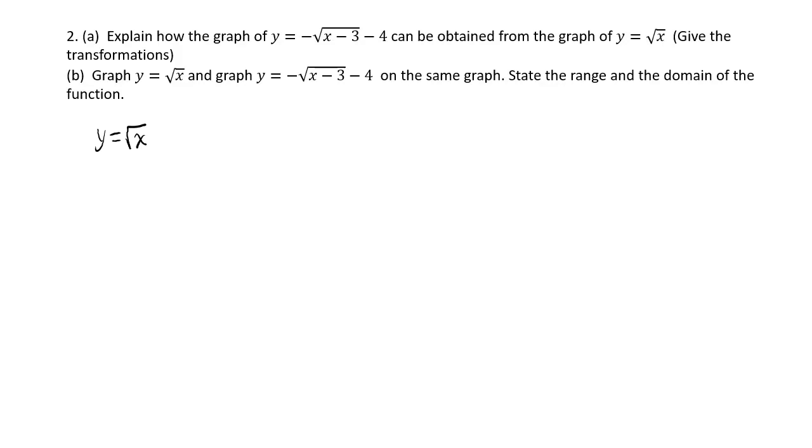You can first think of applying this minus first. If you look at the difference between y equals square root of x and this complicated function, there's a minus here that isn't in the original, and then there's a minus 3 minus 4. So it's actually two things. You can first think about putting that minus in, and then putting in that minus 3 minus 4.